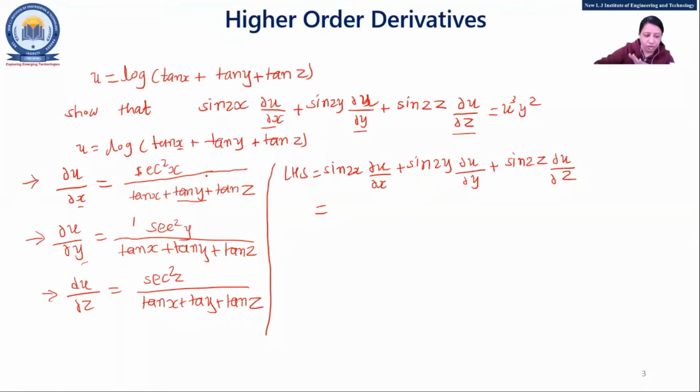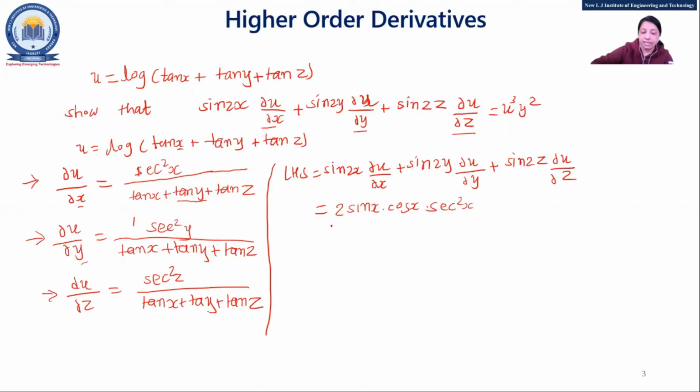All of you getting that? So what we are going to replace it with? 2 sine x cos x. With that, you also have to put the value of del u by del x. So what is that? Sec square x, right?